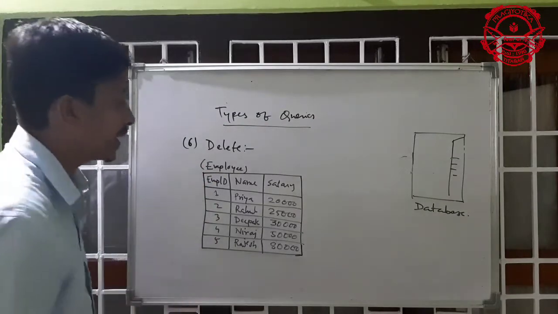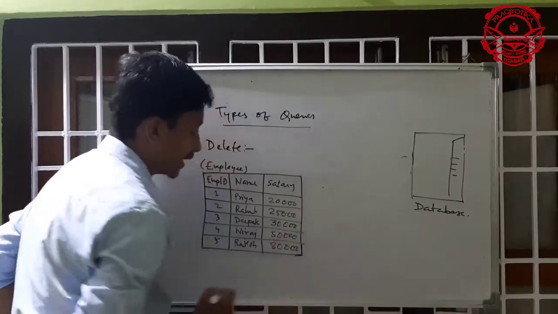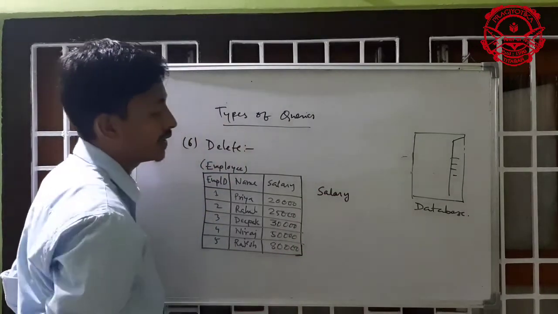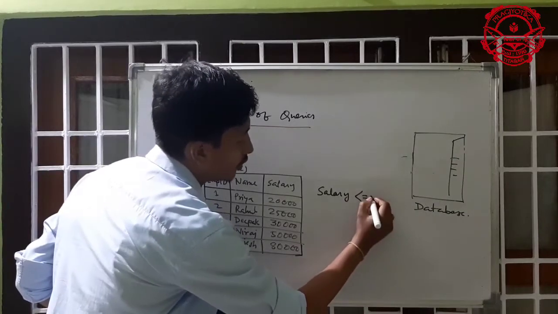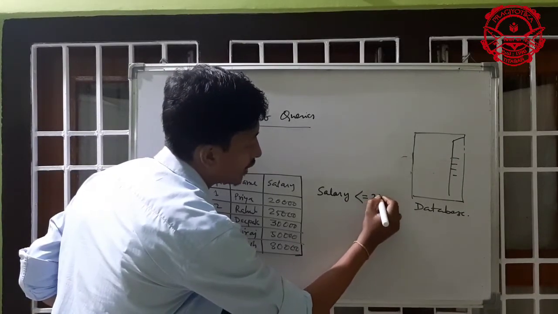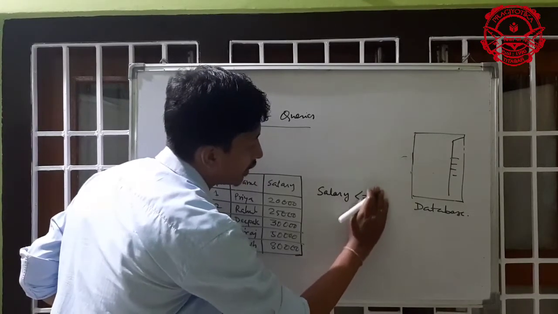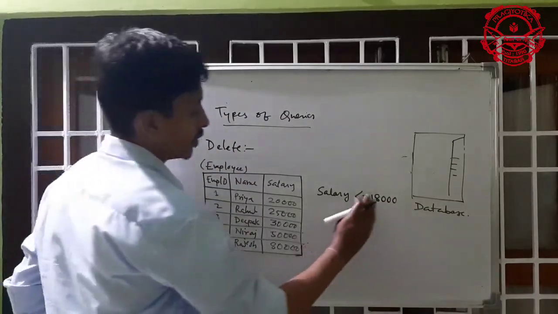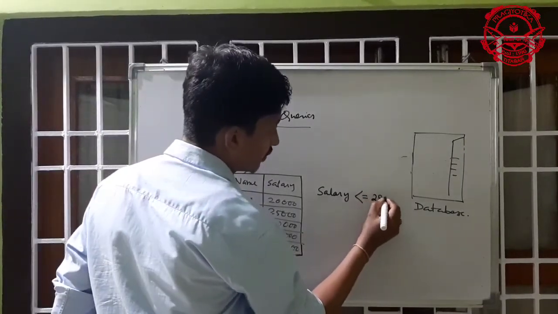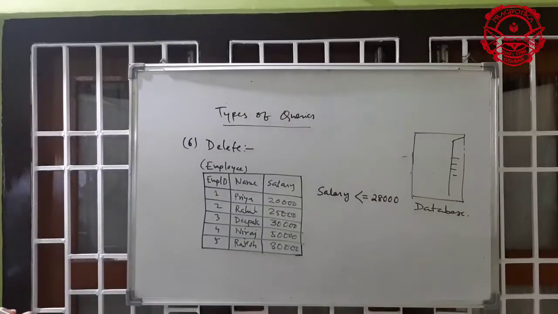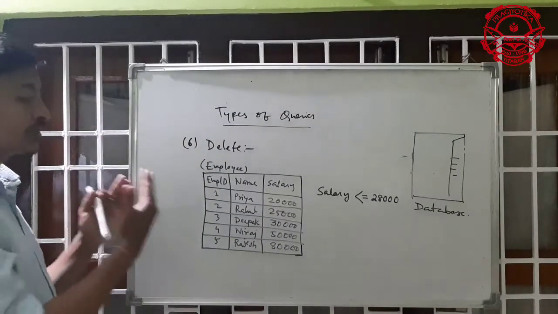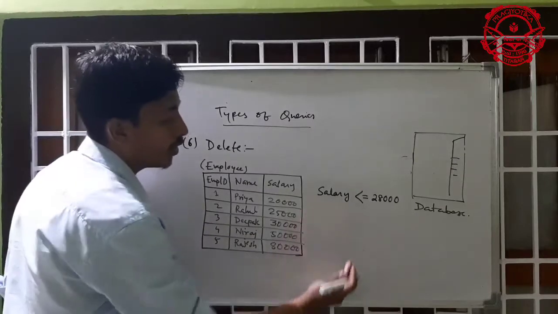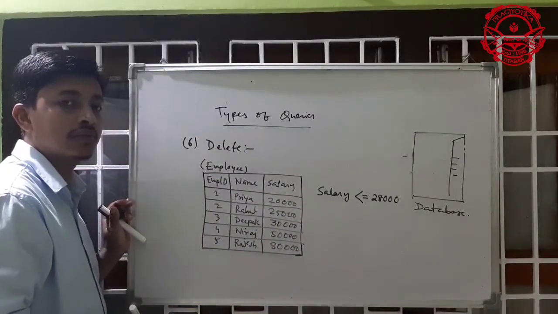Now you can see the query is say the record, those employees whose salary is less than or equal to 28,000. Okay, less than or equal to 28,000 means 28,000 and less, 1 to 28,000.